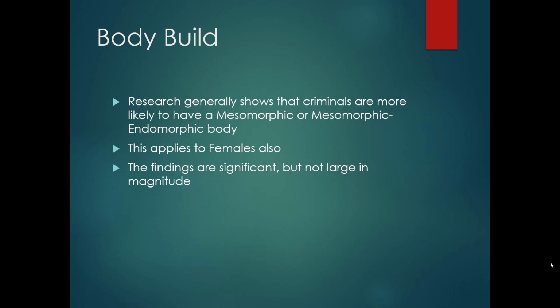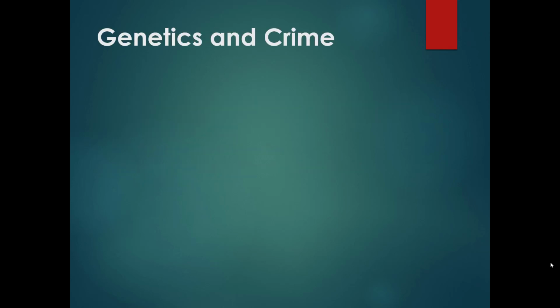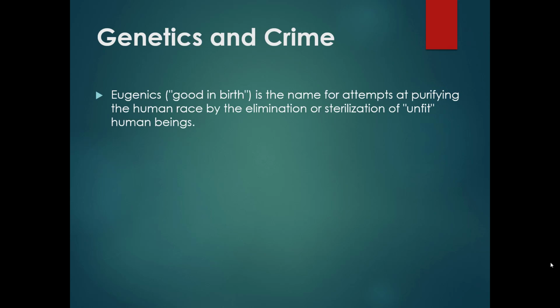At about the same time, actually even a little bit earlier than the somatotyping, another big push in this country had to do with biology and crime, and specifically how genetics applied to crime. The movement I'm going to be talking about is the eugenics movement.